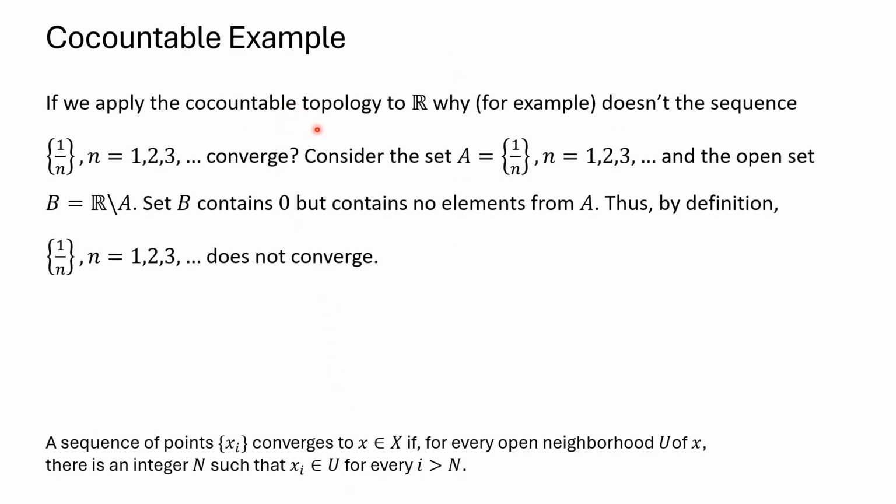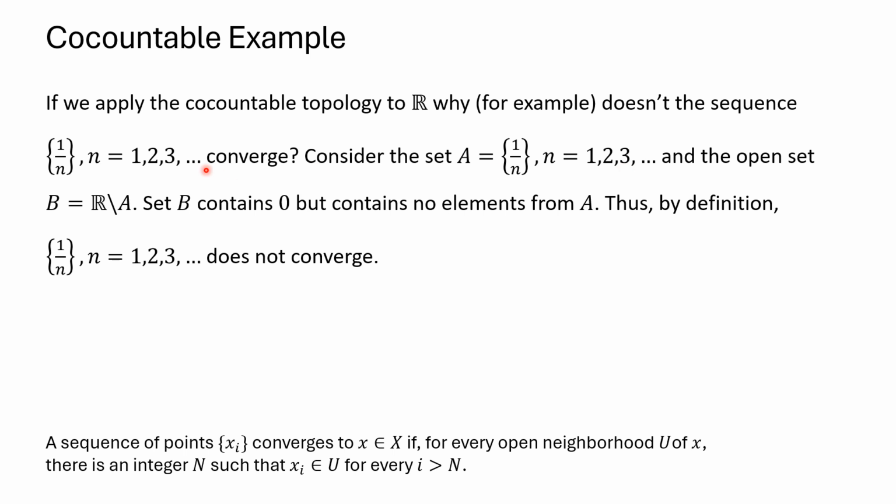So here's the example I mentioned on the previous slide that may help. I was a bit confused myself when I first saw the co-countable example, and I was wondering, if we apply the co-countable topology to R, why, for example, doesn't the sequence 1 over n converge? We know it converges in regular Euclidean space to 0. And the problem is we violate the definition of convergence here. Let A equal the sequence 1 over n for all the different terms.